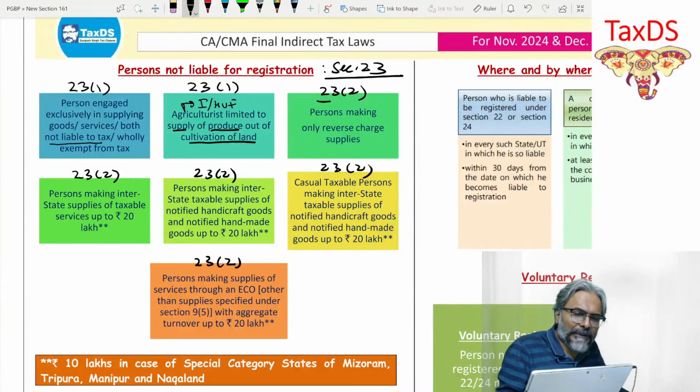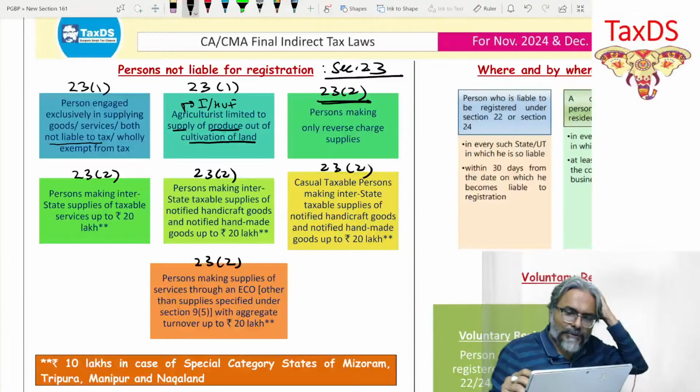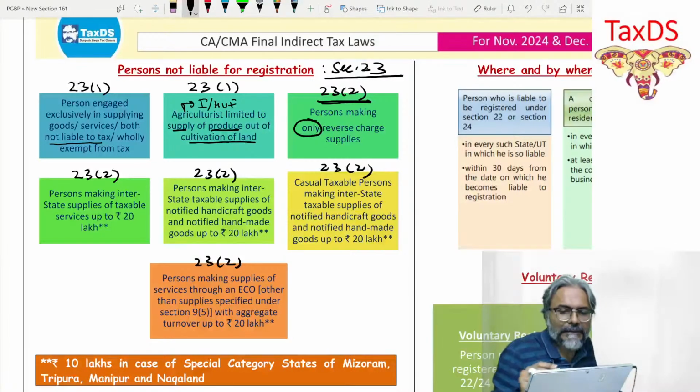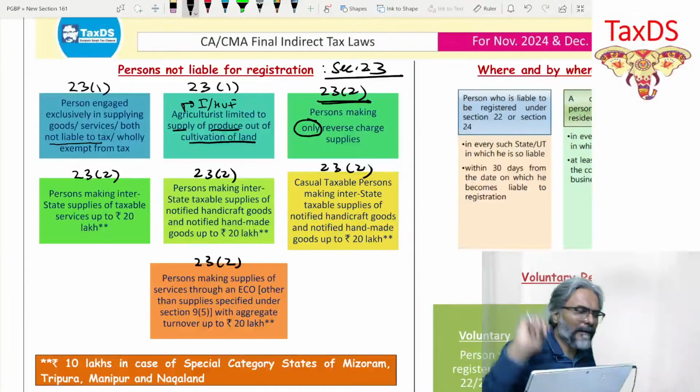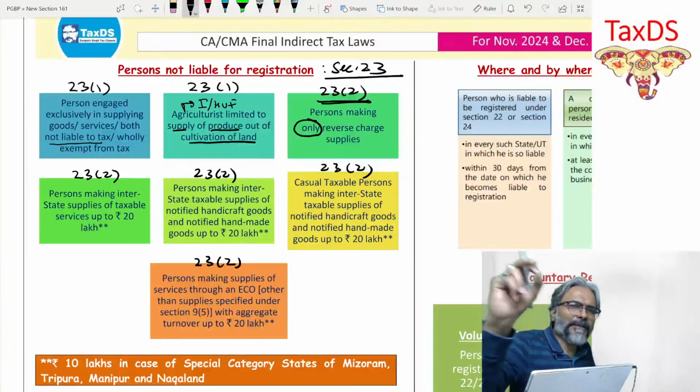The next one you can see is about 23(2). And what is this 23(2), students, in this context? 23(2) covers a person making only reverse charge supply. Obviously, students, if you are doing only reverse charge supply, what does it mean?